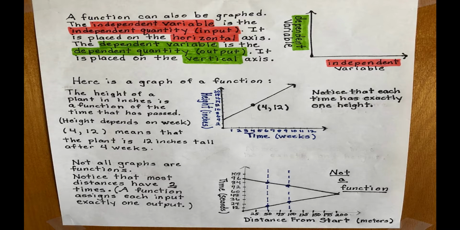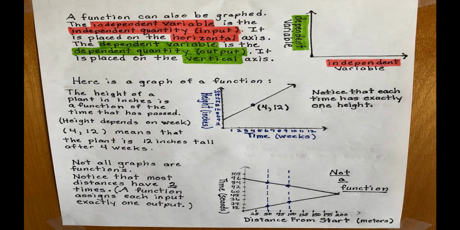Imagine running around an oval track. If you are recording the time that you are a certain distance from the start, there are 2 times when you are the same distance from the starting line. For example, at the beginning of the race, you are 0 meters from the starting line and 0 time has passed.